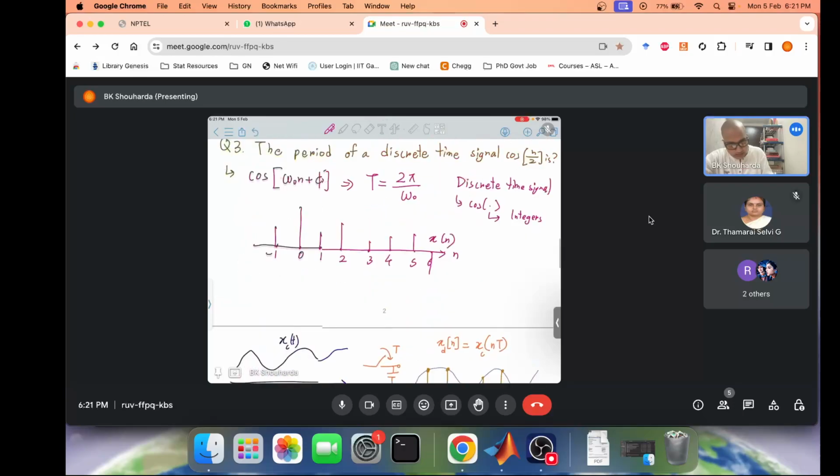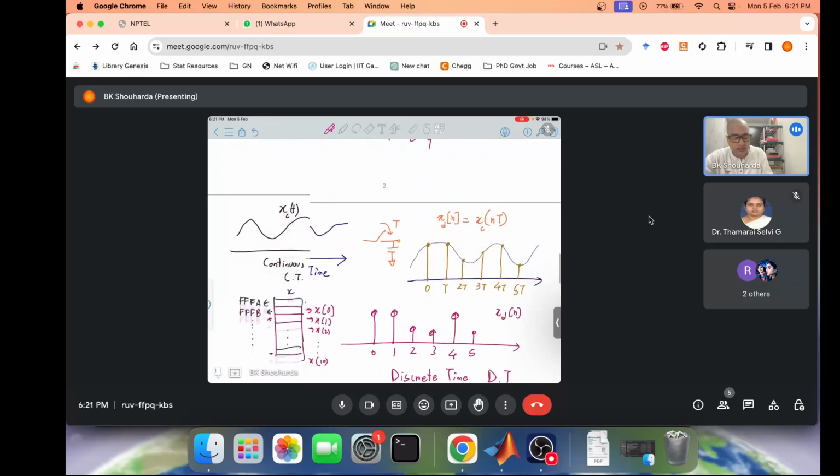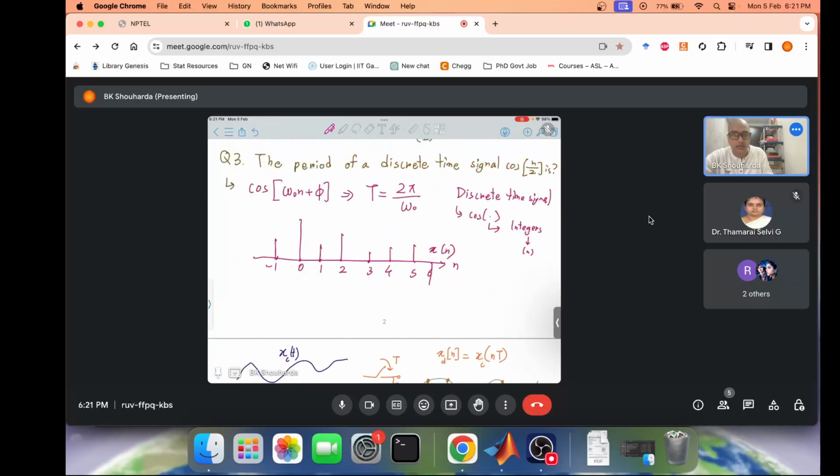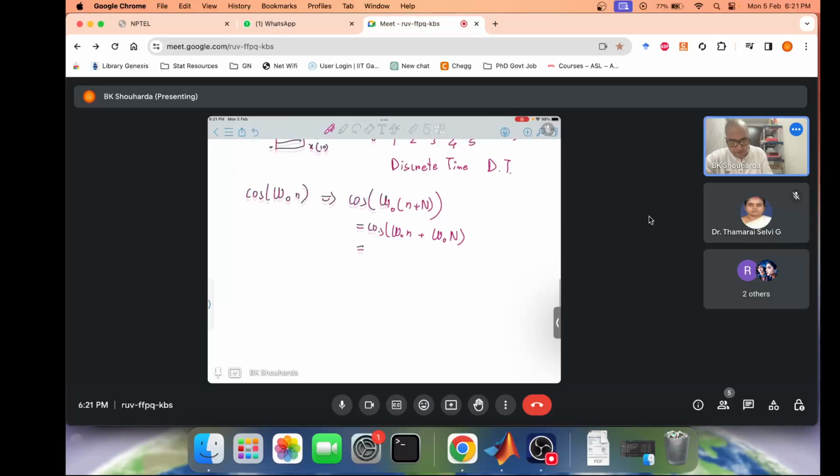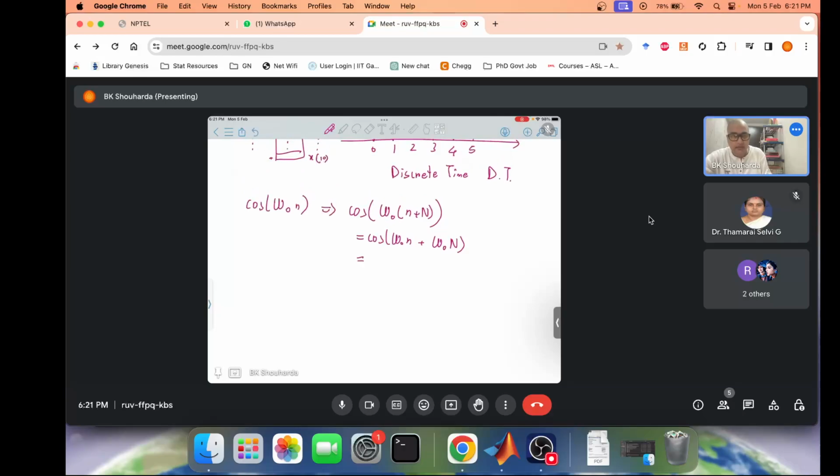I would rather say it's not the argument that is an integer, but the index n that has to be an integer. Note very much that this capital N has to be an integer, otherwise you can't add a fraction to an integer index.